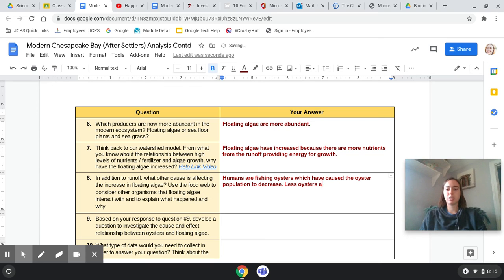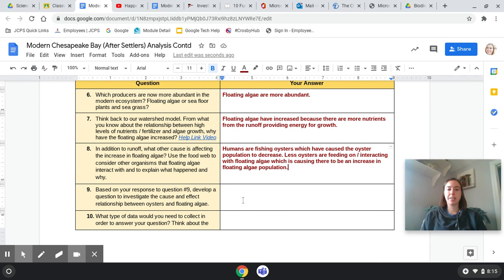Less oysters are feeding on or interacting with floating algae, which is causing there to be an increase in floating algae population. There I have described the relationship between oysters and what has happened to additionally cause an increase in floating algae.